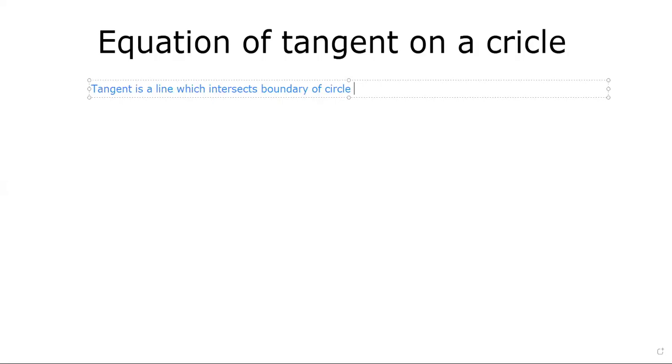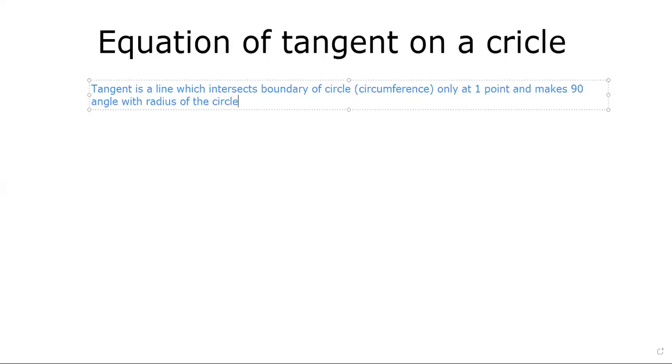Boundary of circle, circumference, only at one point and makes a 90-degree angle with the radius of the circle.